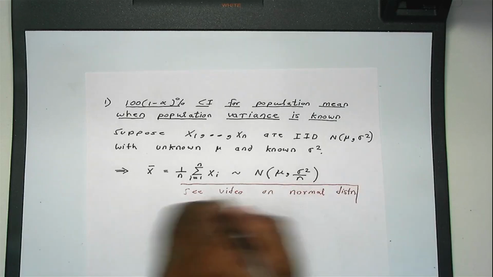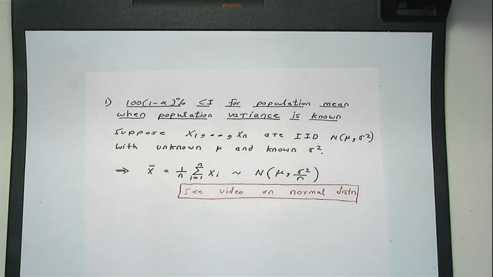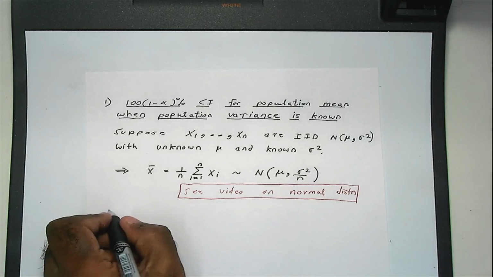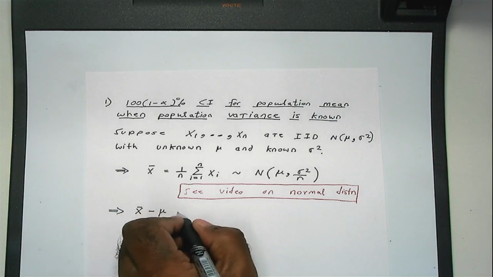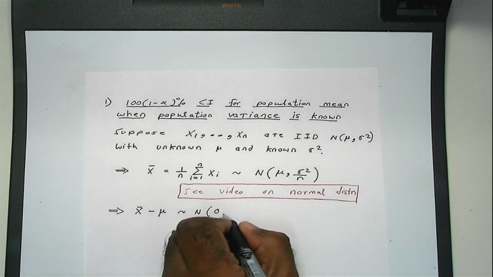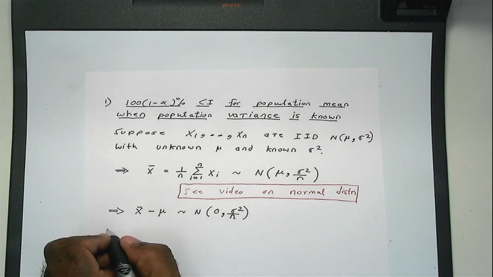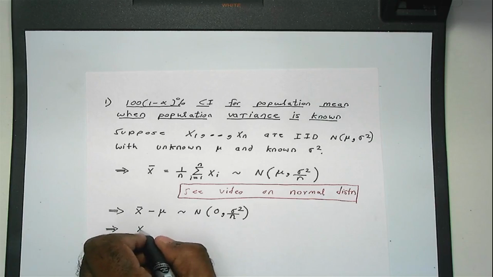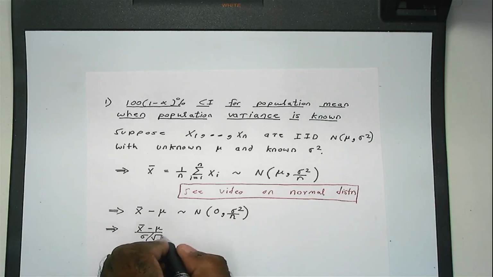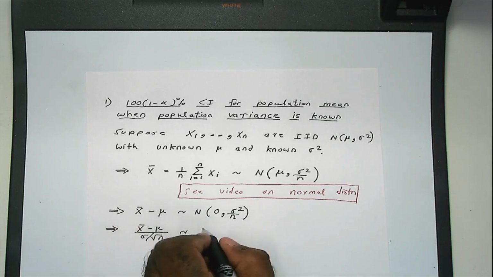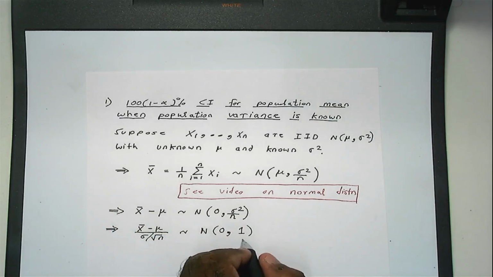All right. So if you don't remember it, please see that. Okay. So this implies that x bar minus mu must have a normal distribution with 0 mean and variance sigma squared by n. And this implies that this has a normal distribution with 0 mean and variance 1, which is the standard normal distribution.